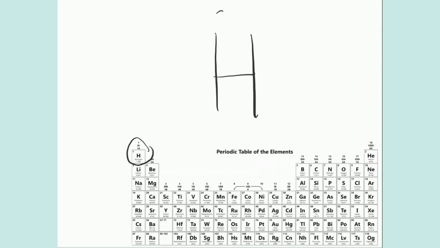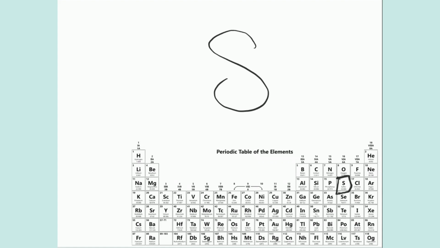Hydrogen, uppercase H, 1 valence electron. Okay, and for our last one, let's do sulfur. Okay, 1, 2, 3, 4, 5, 6. Okay, and it looks like that.